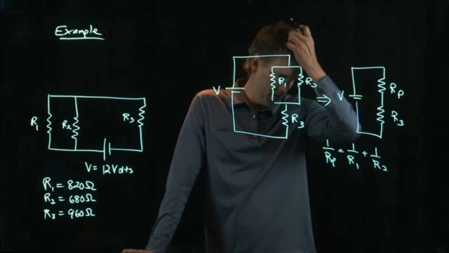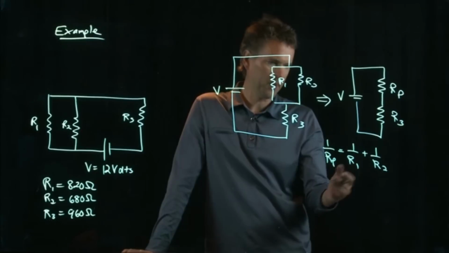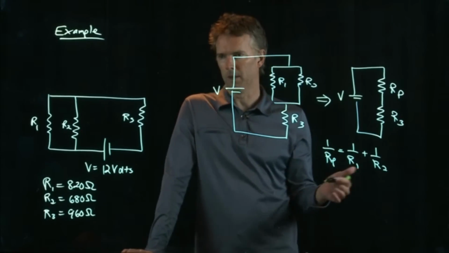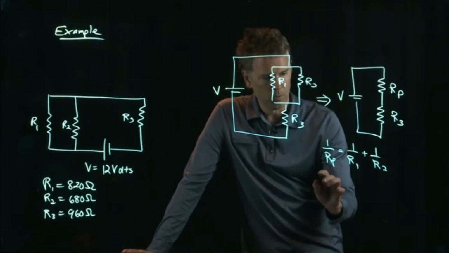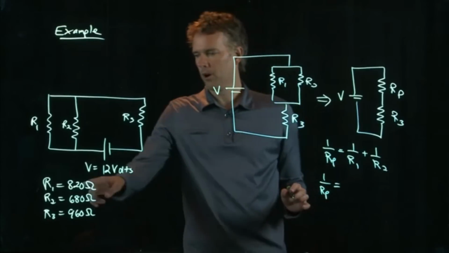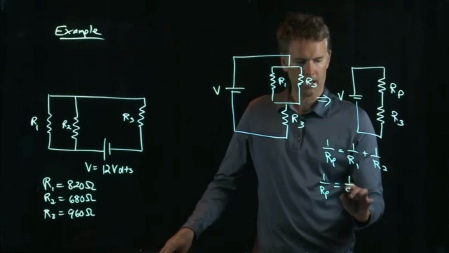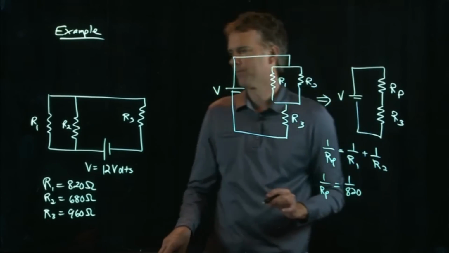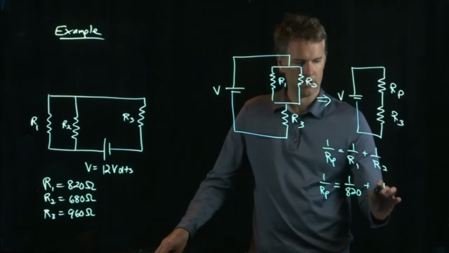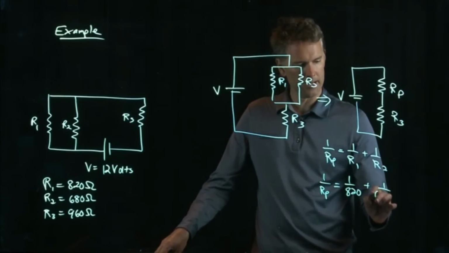Austin was asking about writing this in terms of common denominators. You could also just plug in those numbers and calculate Rp. So why don't we do that? 1 over Rp equals 1 over R1, which is 820 ohms, plus 1 over R2, which is 680 ohms.